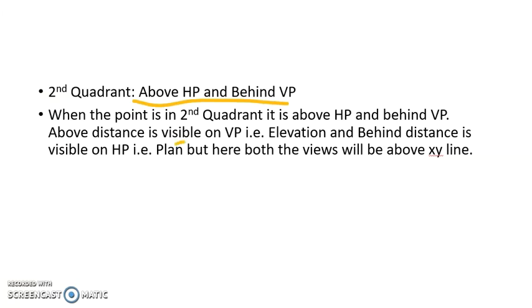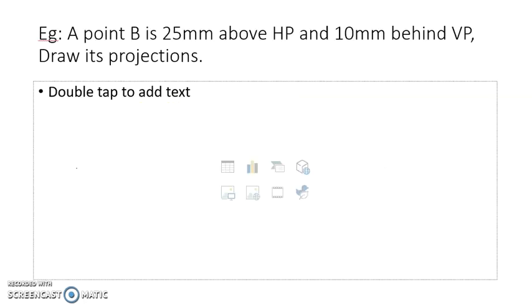Above distance is visible on VP, that is elevation, and behind distance is visible on HP, that is plan. But here both the views will be above XY line. I will show the condition of point in second quadrant. For example, a point B is 25 mm above HP and 10 mm behind VP. Draw its projections.